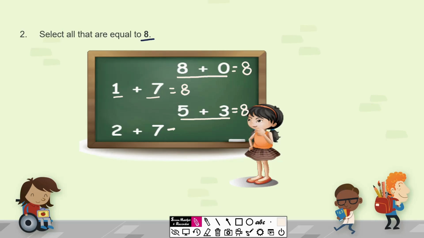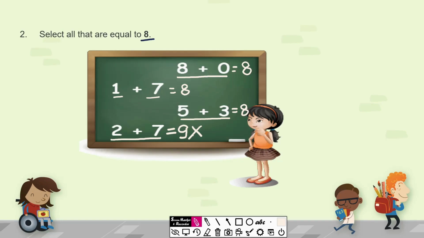Very good. You all are doing it correct. Very nice. 2 plus 7. Now tell me, when we add 2 and 7, we'll get 9. Yes, this is not equal to 8.